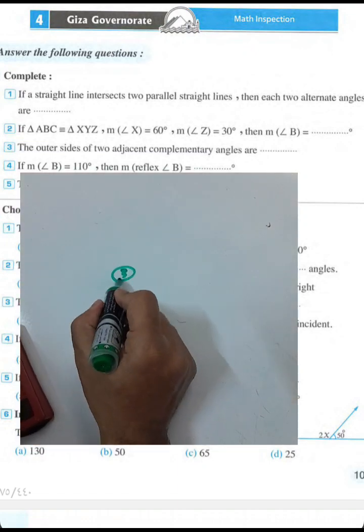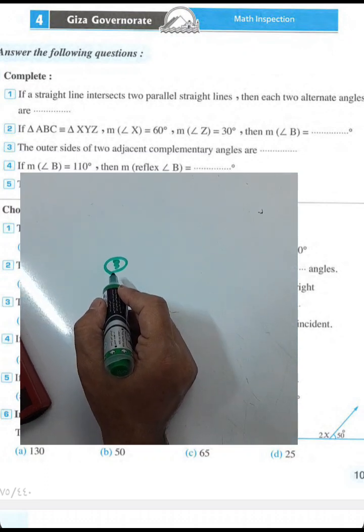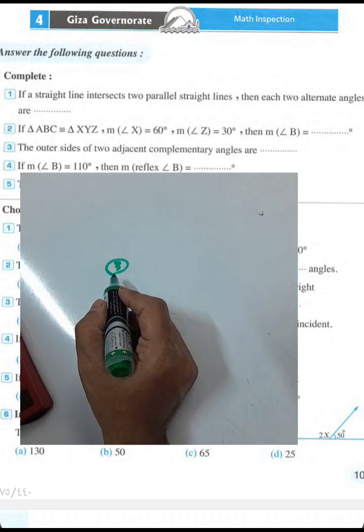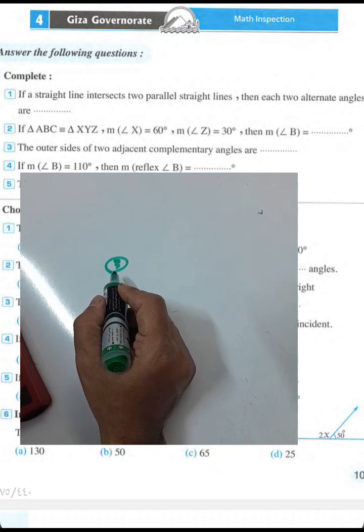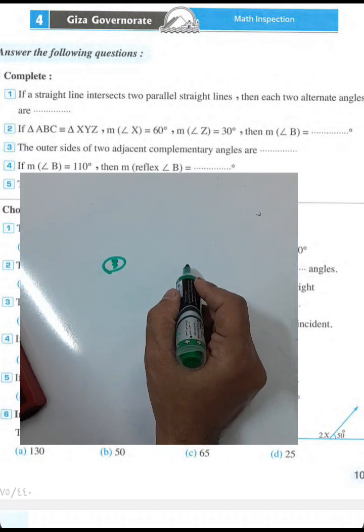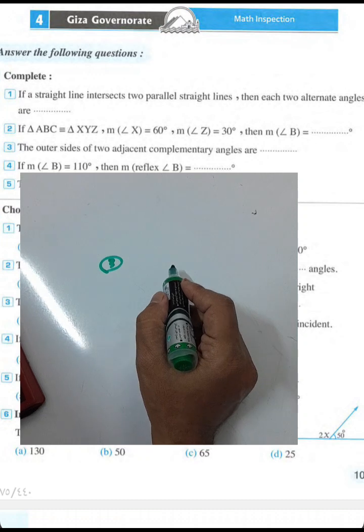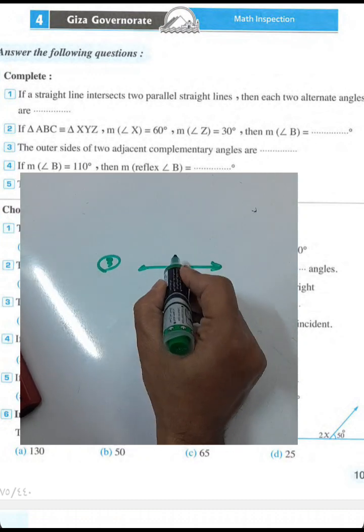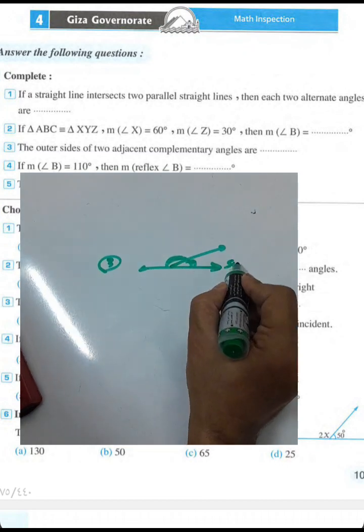Question number 3, the outer sides of two adjacent complementary angles. Supplementary angles mean the sum of two angles equals 180 degrees. Here we call this supplementary angles.